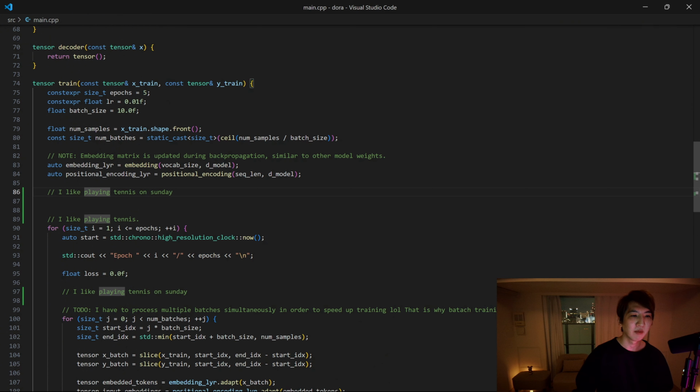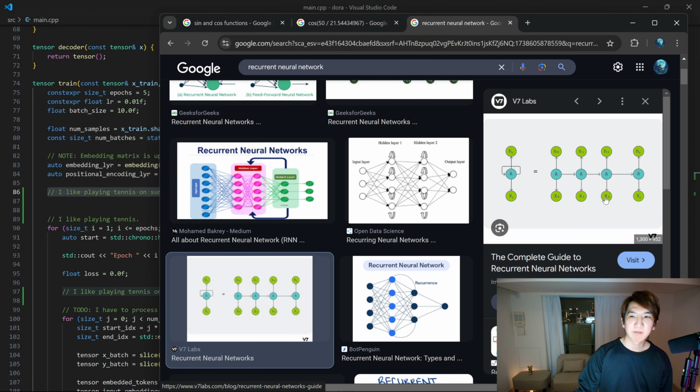So if the input was "I like playing tennis on Sunday," when processing the word "playing," you'd have to process "I like" beforehand, in order to acquire the hidden states computed when processing the words "I" and "like."